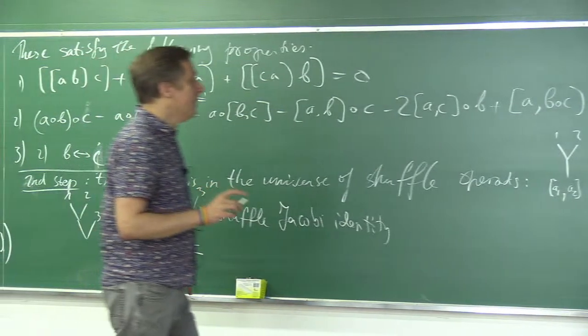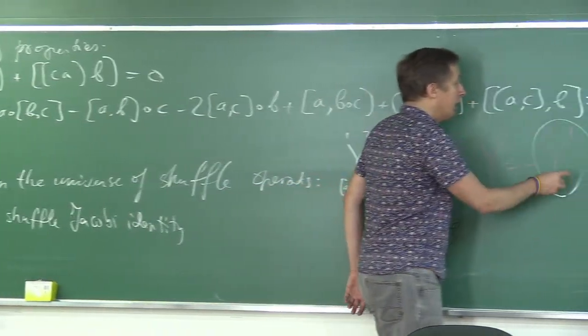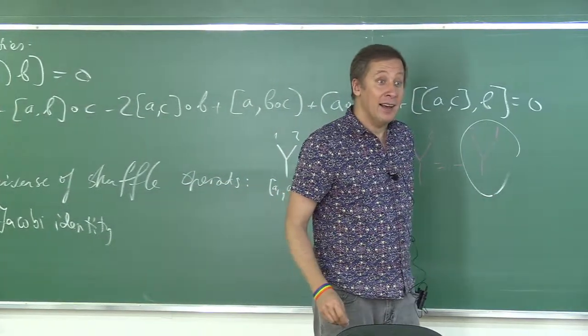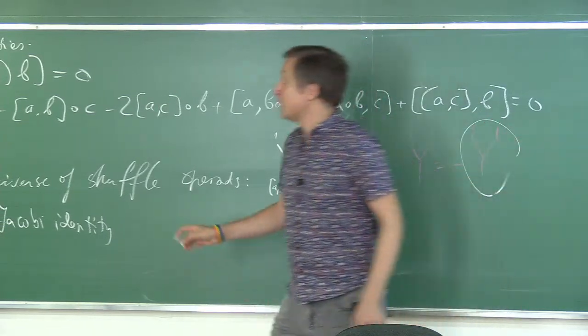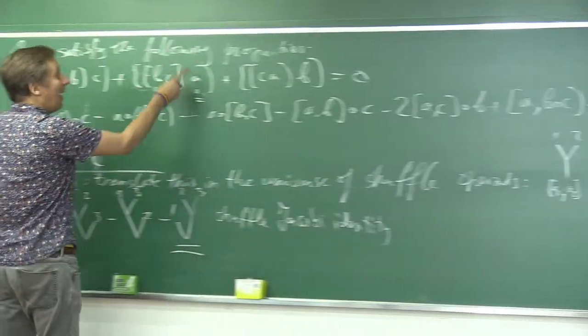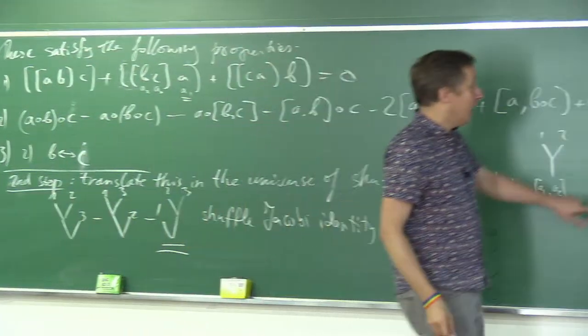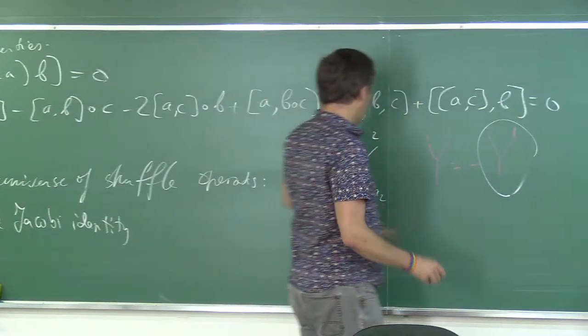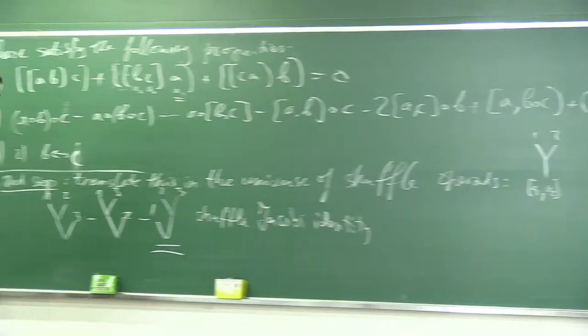In the world of shuffle operads, this element does not exist. So I was a little bit cautious about this. I am doing rewriting on the level of multilinear elements so that something like that never happens, and this with the wrong order doesn't happen either.